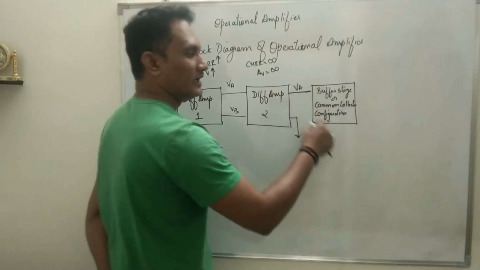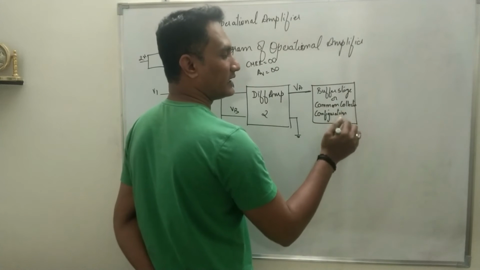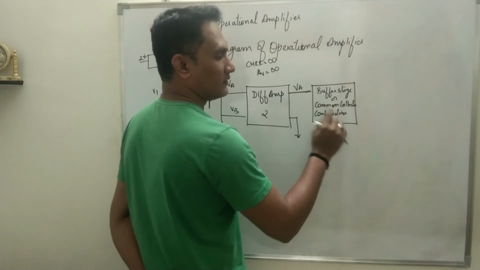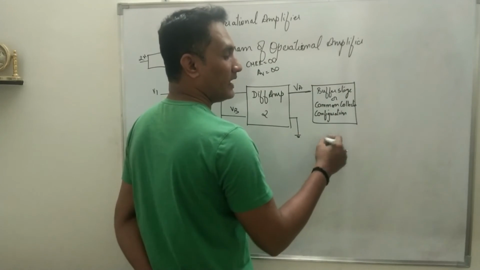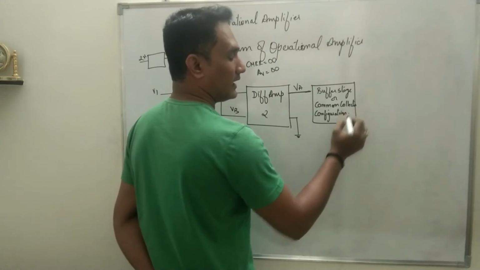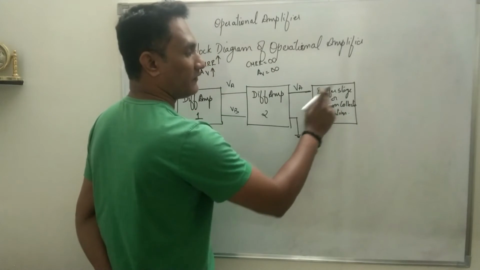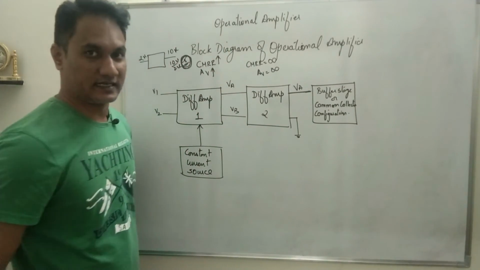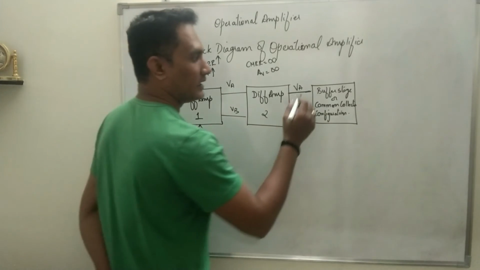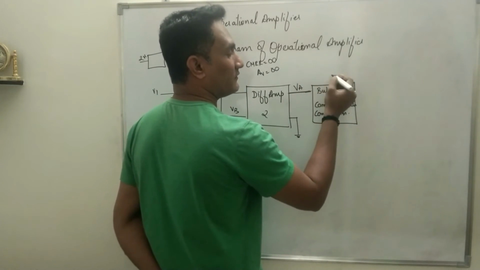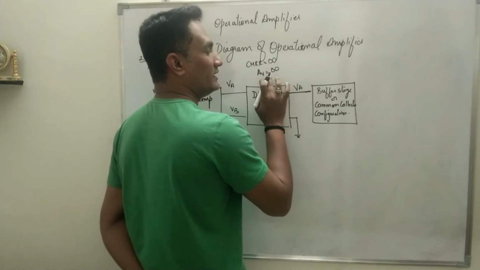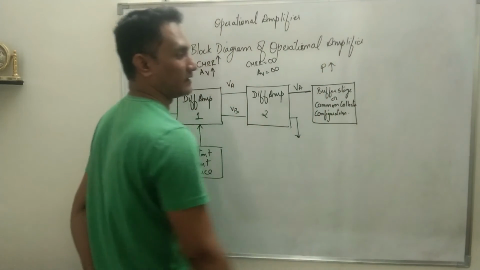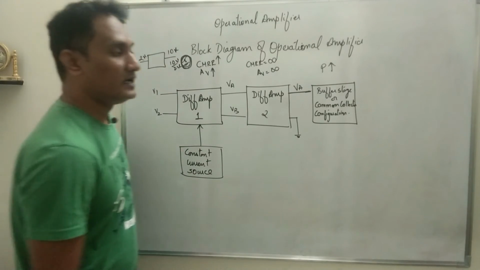So here also, the basic purpose of this common collector configuration is two things: to increase the current factor, and it acts as a buffer stage between the second and the fourth stage. I will tell you what exactly is meant by buffer stage. Here the current factor will increase. Voltage gain is already infinite. If you increase the current, power will increase, so the power factor will increase in the third stage.